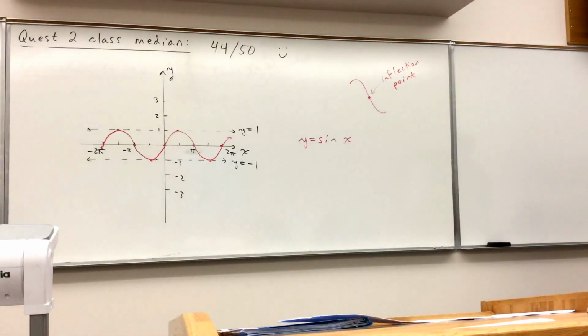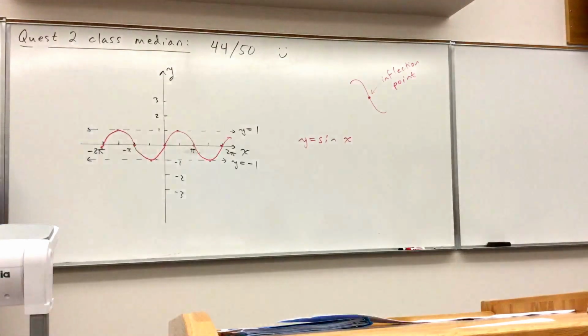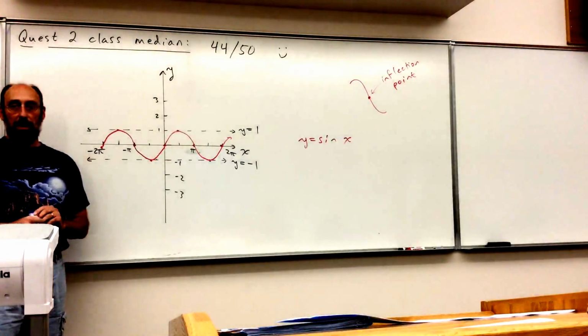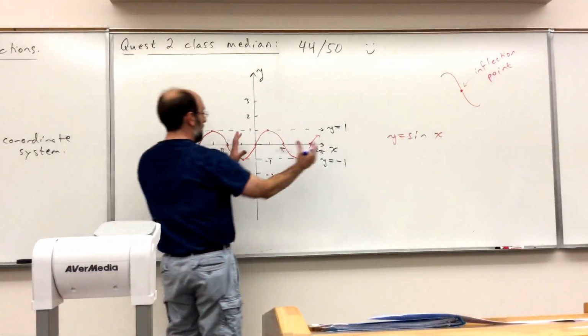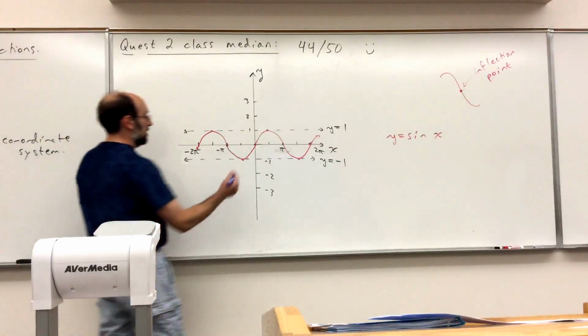And let's graph the cosine function on the same coordinate system. So for the cosine function, the period's also 2 pi, except the wave has been shifted over pi over 2 units to the left. The sine wave would be shifted over pi over 2 units to the left.